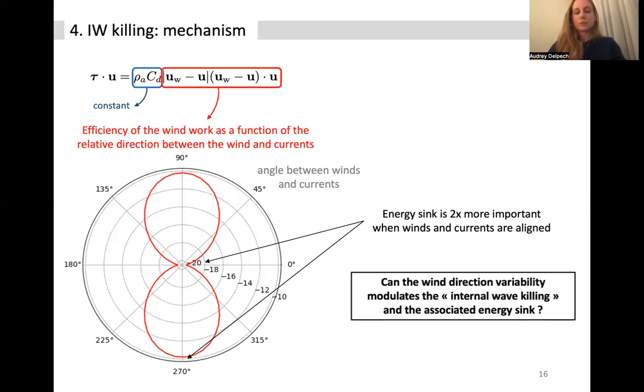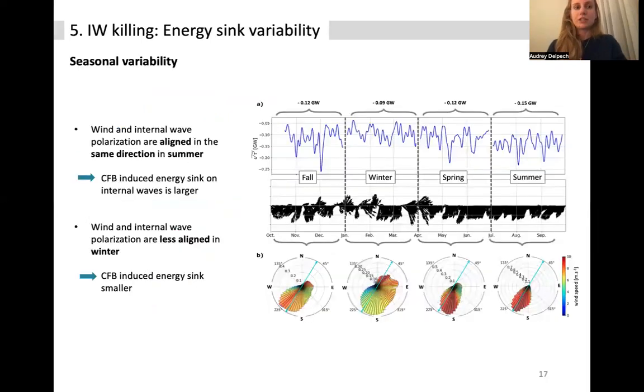So the question that we could ask is, can the wind direction variability, because we know the wind changes direction seasonally, for example, modulate this internal wave killing mechanism and the associated energy sink? To investigate this, we've computed the same wind work, but as a function of time instead of taking a yearly average.